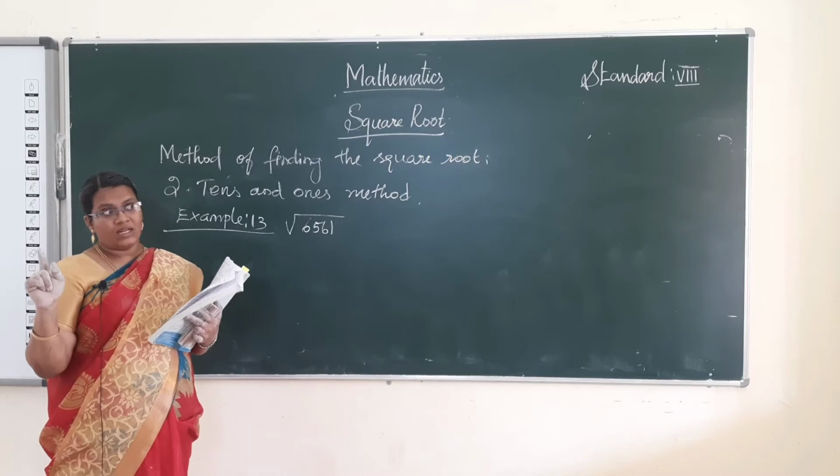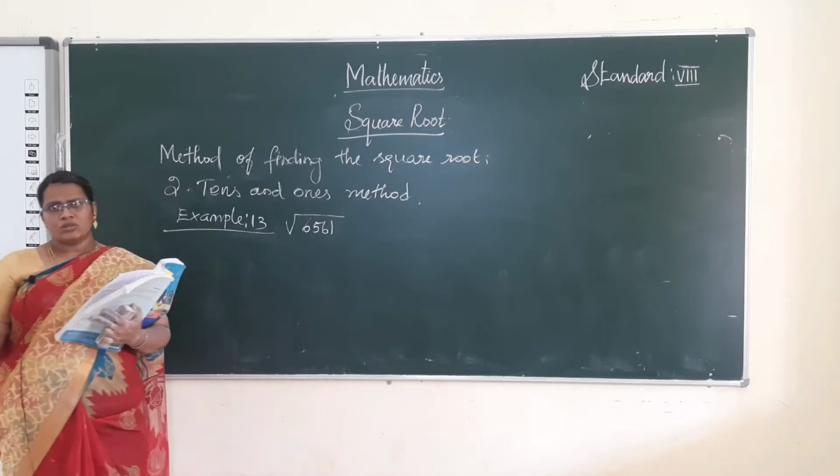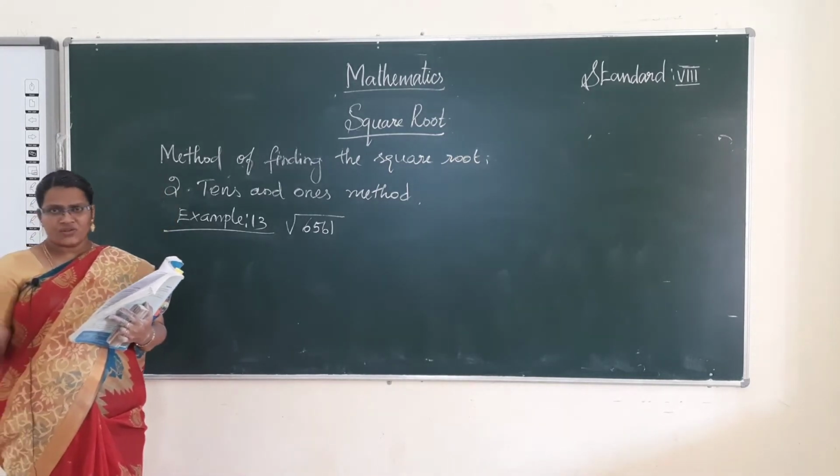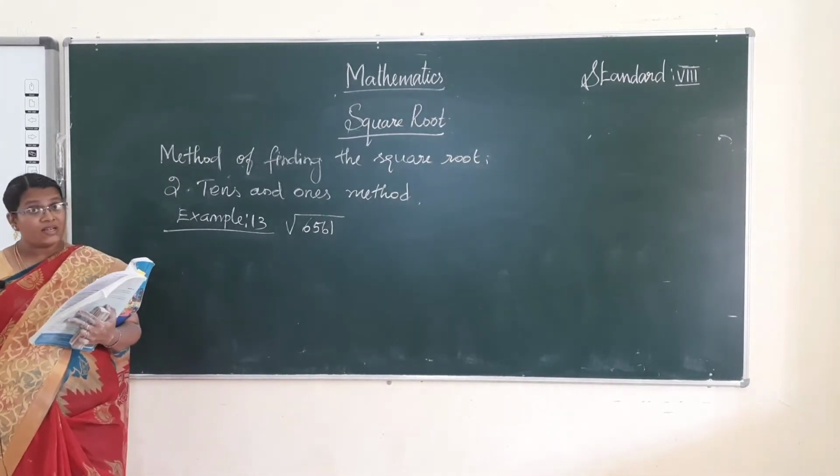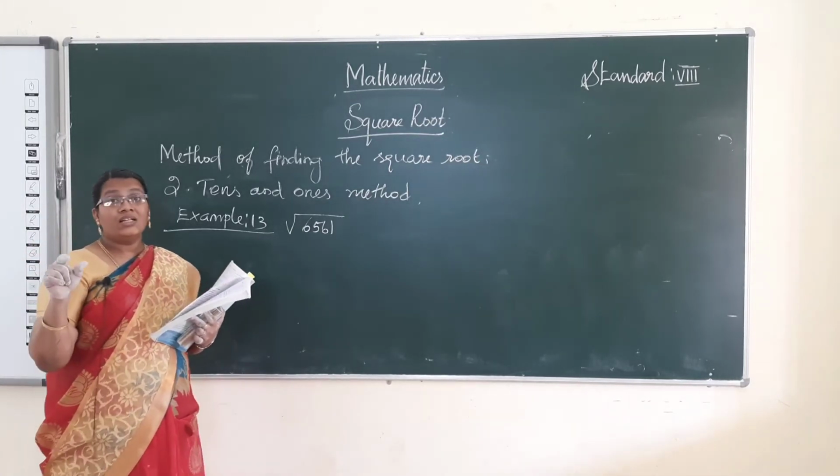At the same time, 2 squared is 4, and 8 squared is 64, so the ones place is 4. These are perfect squares.